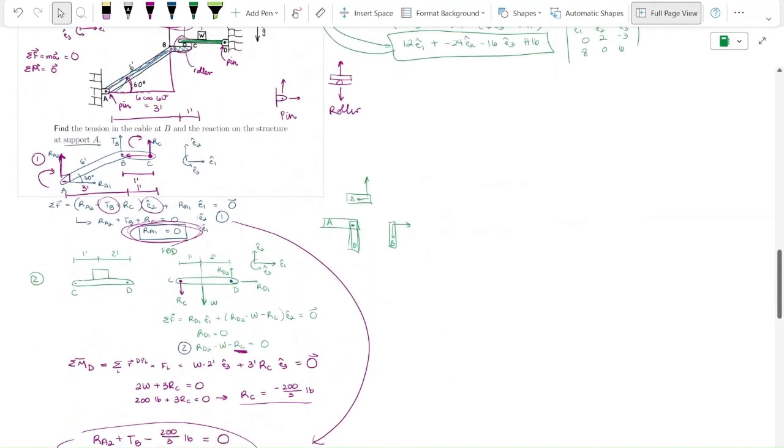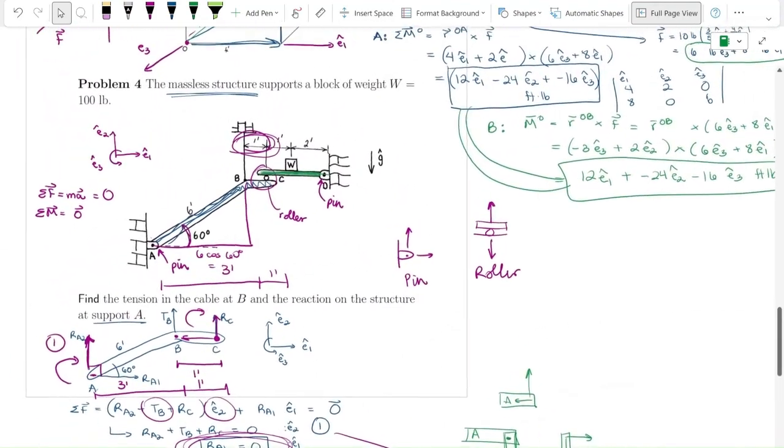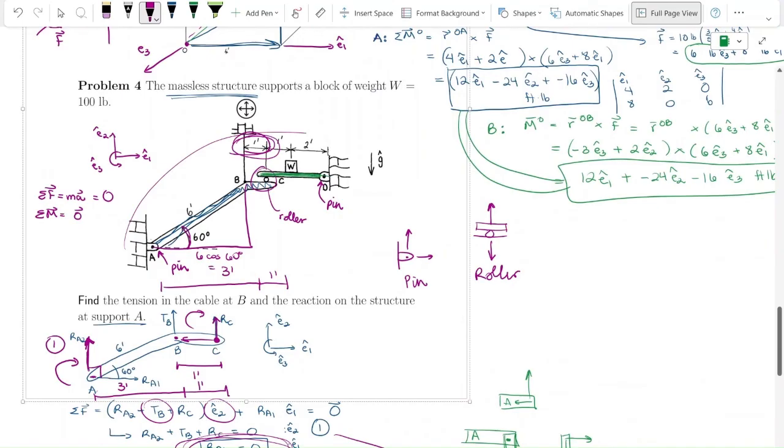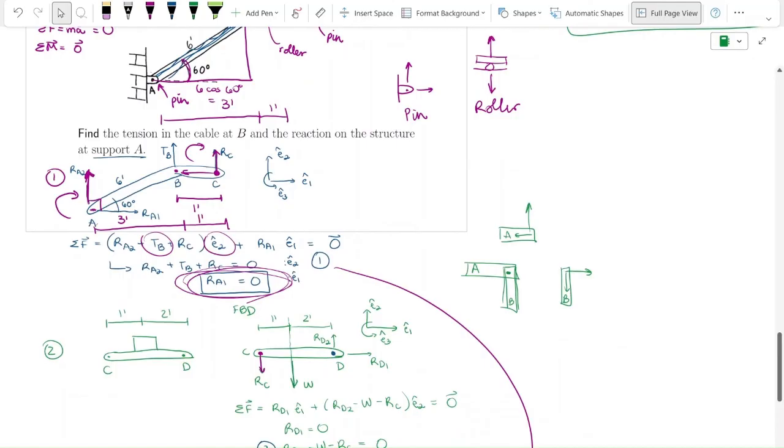And just to recap, what we did was we first split up this complicated structure into the two bars, because those give us actually useful information about these forces that we're trying to find. When we do that, we draw our free body diagram. We know how pins and rollers behave, so we can draw the forces.